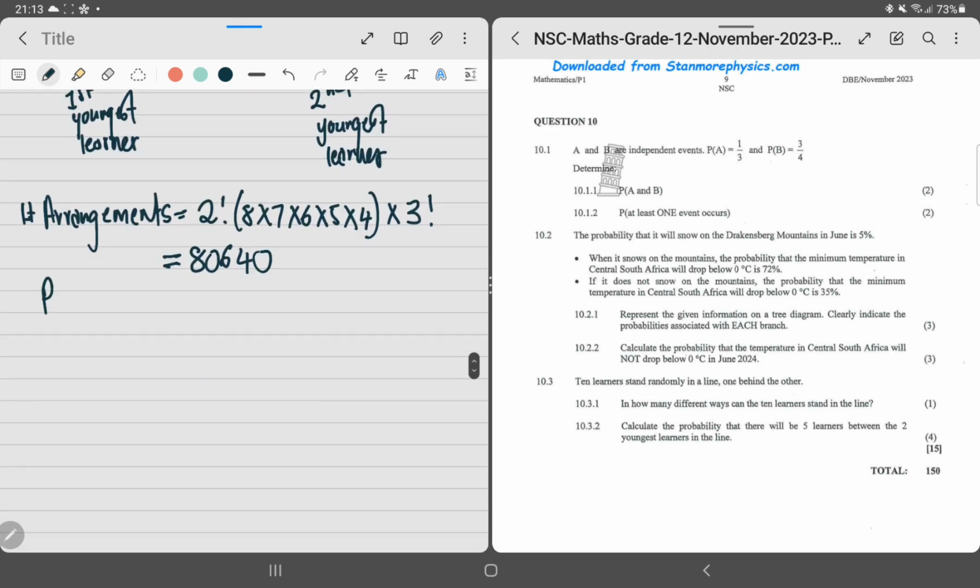So the probability of the event should be equal to 80/64 over 10 factorial.